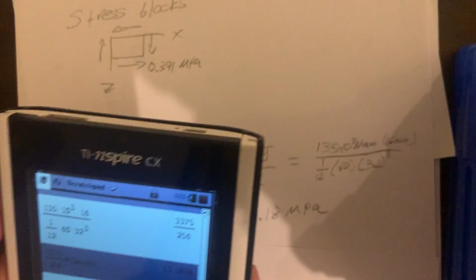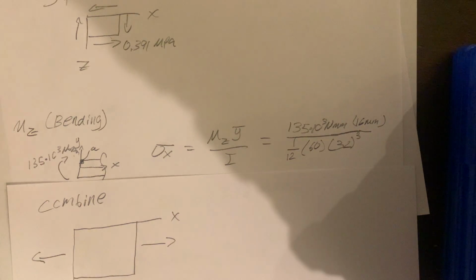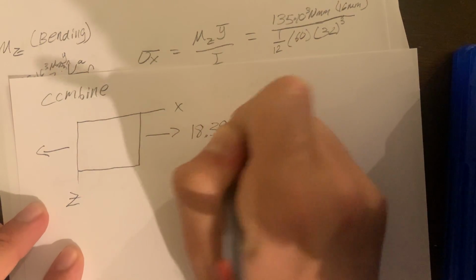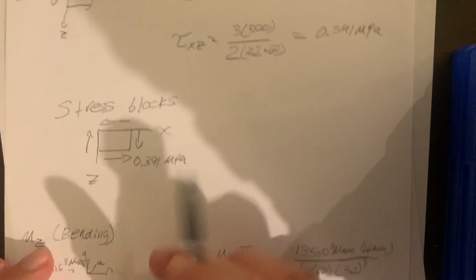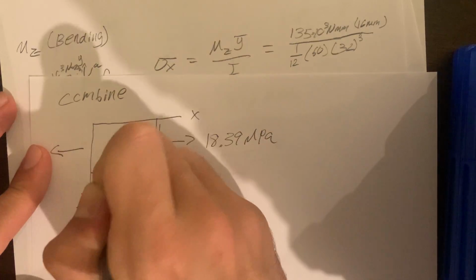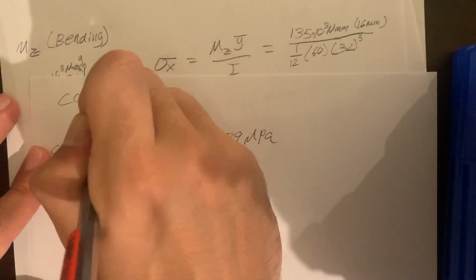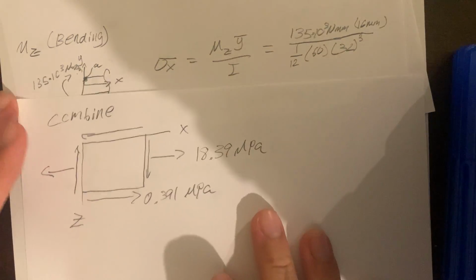So we're gonna add 13.18 plus 5.21, which equals 18.39 megapascals. And then for the shear, we only have this shear force acting in the positive direction. So coming over here, and then that's at 0.391 megapascals.